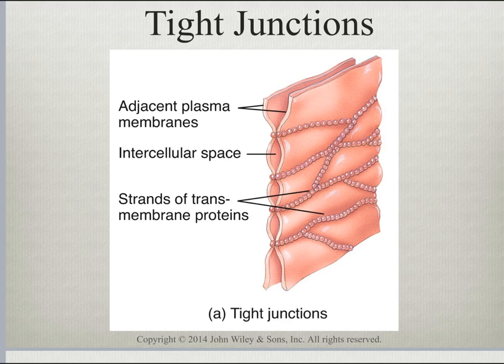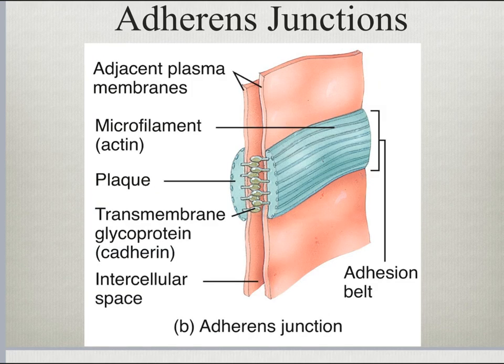Here are our tight junctions. As you can see, we have the lipid portion of our cell sticking together, forming these spaces, intercellular spaces, and plaque bands. Another junction is called an adherens junction. So we look at the face of the cytoplasm. The cytoplasmic face is linked to the actin cytoskeleton.